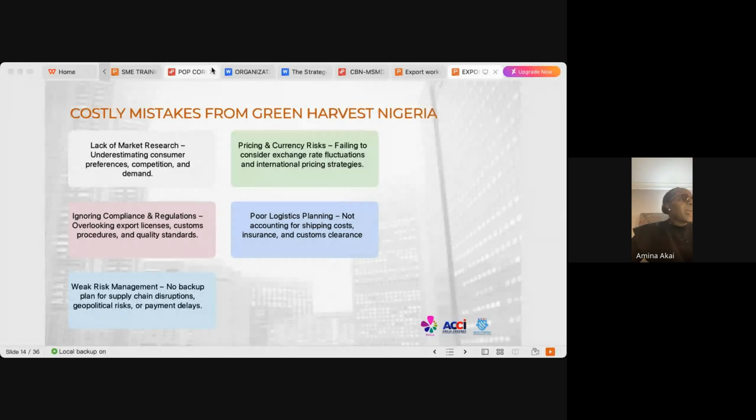Then ignoring compliance and regulations. I would have given you a short story on that, but I'm looking at our time and we're fast spent. So ignoring compliance and regulations and overlooking export license, custom procedures, and quality standards. Let me just say this. There was a businessman here in Nigeria who is a big exporter now. But when he started, he was trying to export mangoes to a supermarket chain in Germany.